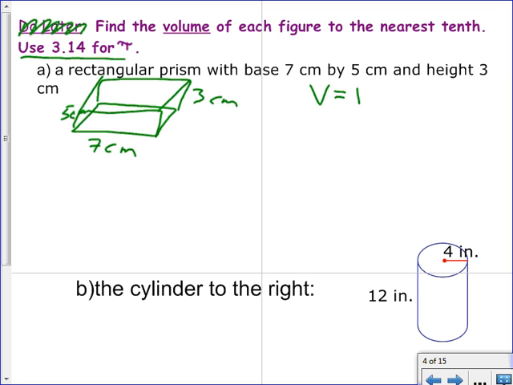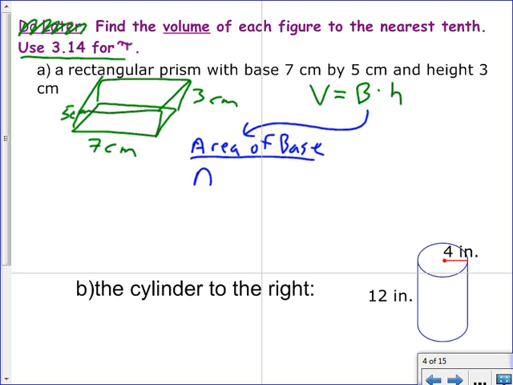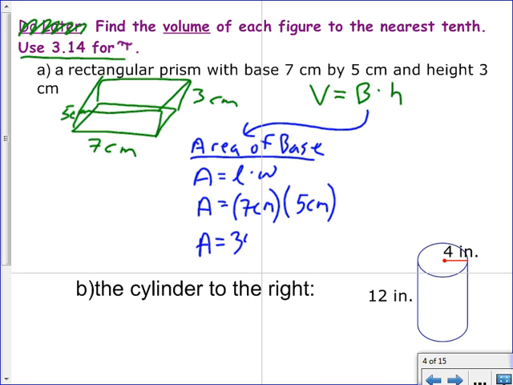Volume equals base times height. But for the base, we're talking about the area of our base. And the area of the base equals length times width. And so I do area equals length, which is 7 centimeters, times the width, which is 5 centimeters. And I multiply those together. 7 times 5 is 35.